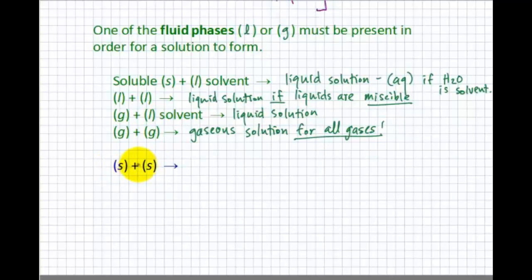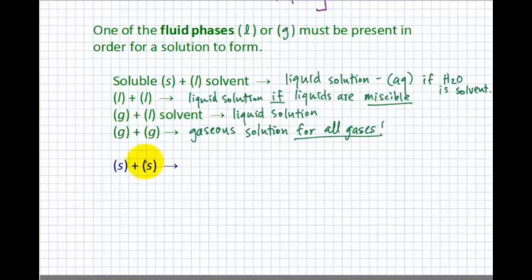The way that solids can form a solution is maybe not quite what you think. Remember I said that you could imagine just having two powders and you could even grind them up and get it so that it looks like it's mixed, but we've not formed a solution unless actually dissolving has happened, and that's why one of these fluid phases must be present.